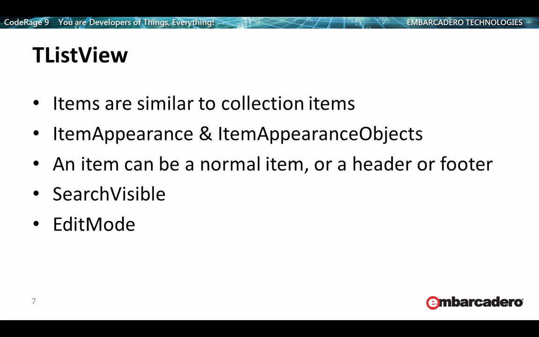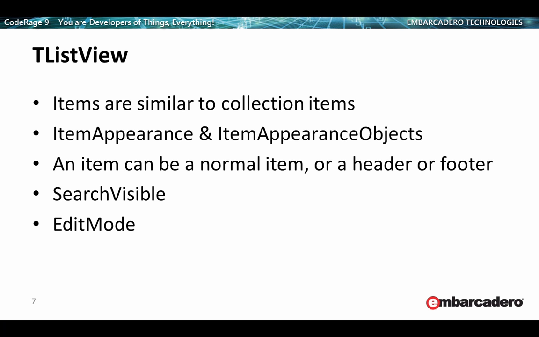Pretty standard stuff. The TListView, don't confuse it with the TListView as the Windows Common Control that's from the VCL side. The TListView is more in tune with the TListBox from the FMX side, but it's really designed to be more efficient.